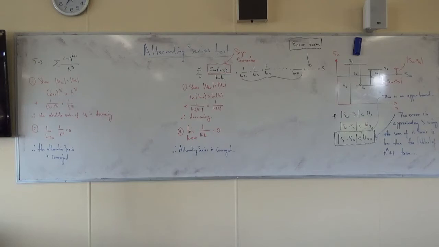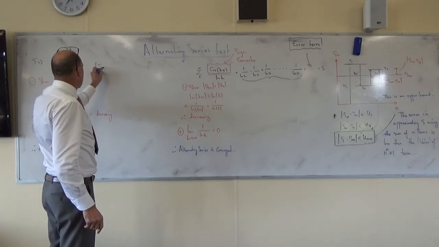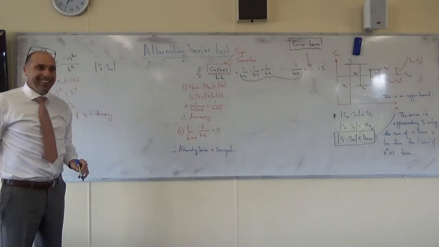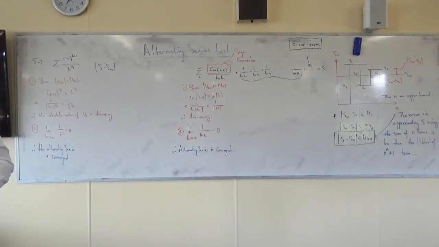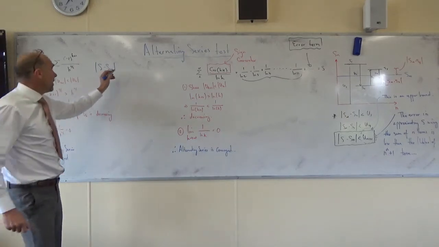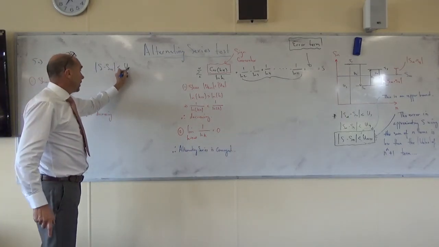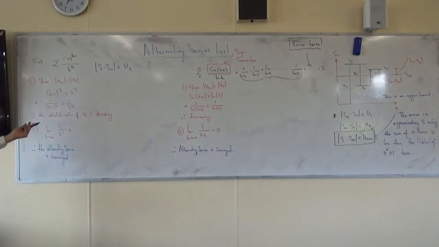No, we only need to find what U... In other words, the error in using the first 10 terms is S minus S10. That's the error in using the first 10 terms to approximate S. How far we're out. Of course, what's that less than? That's less than U11. So I need to find what U11 is. How do I find what U11 is?